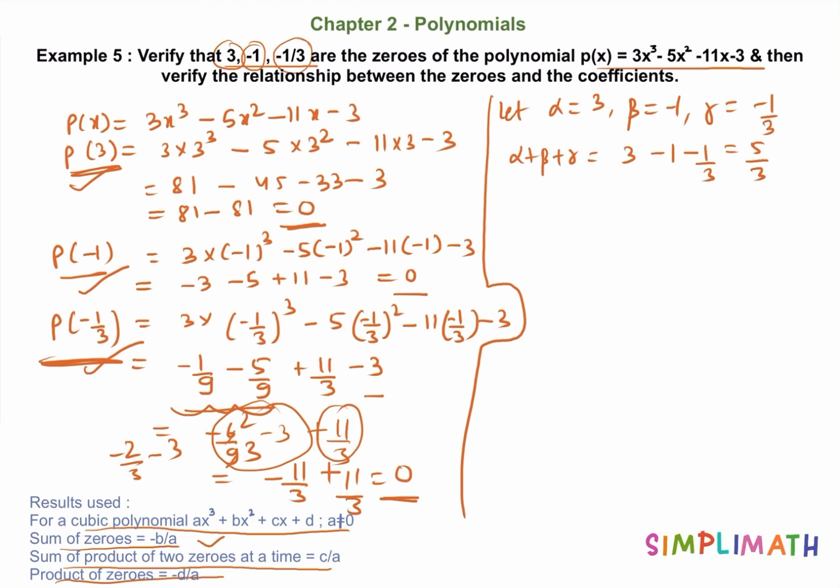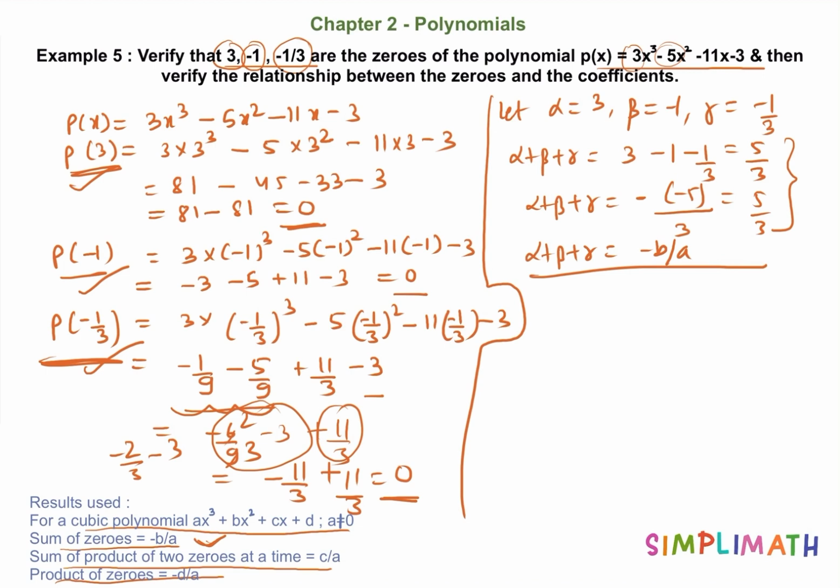And the sum of the zeros is minus b by a. What is minus b? This is minus of minus 5, by, what is a? 3. So we have 5 by 3. So from here we can say that alpha plus beta plus gamma equals minus b by a.